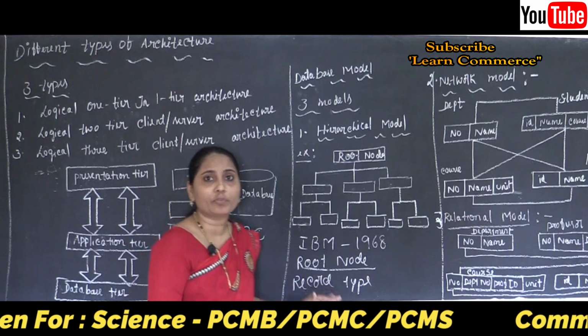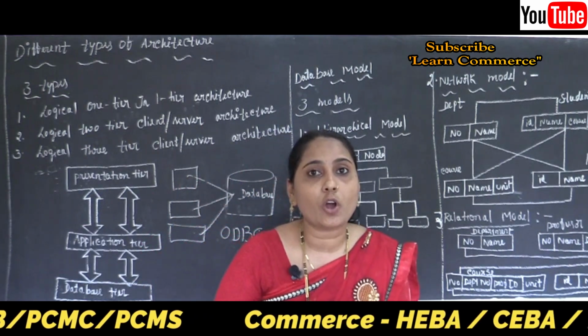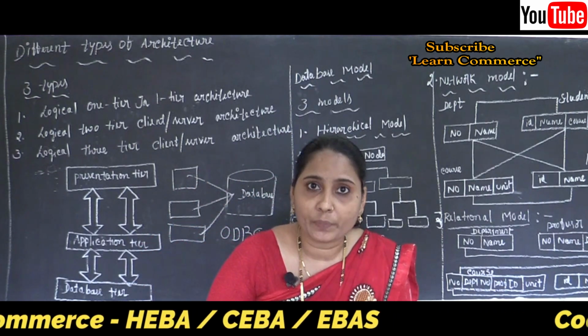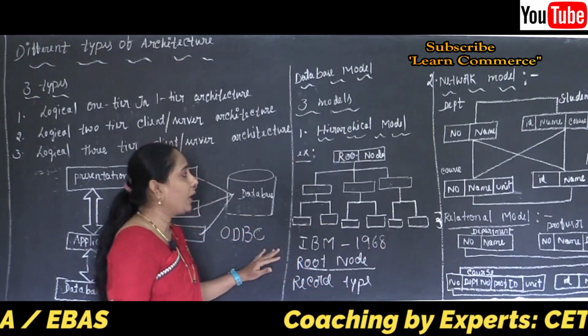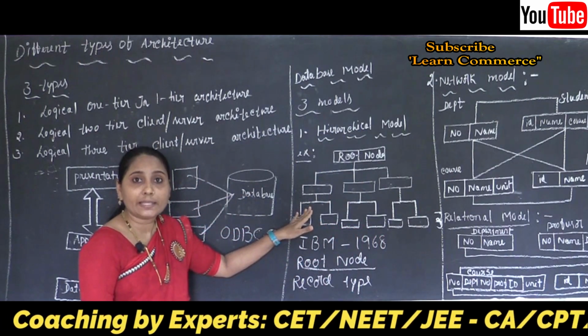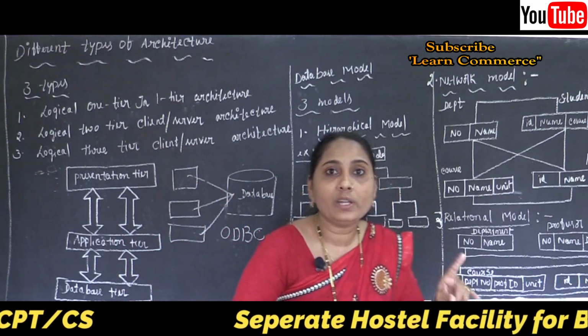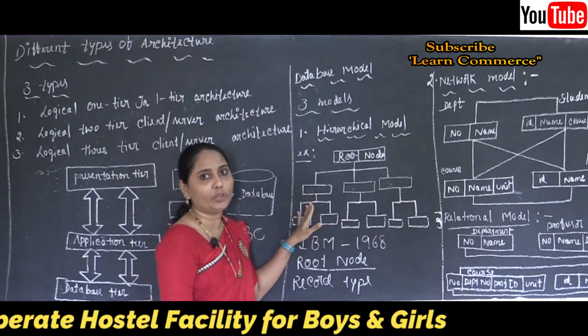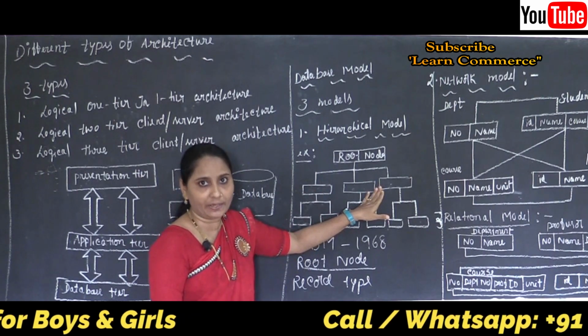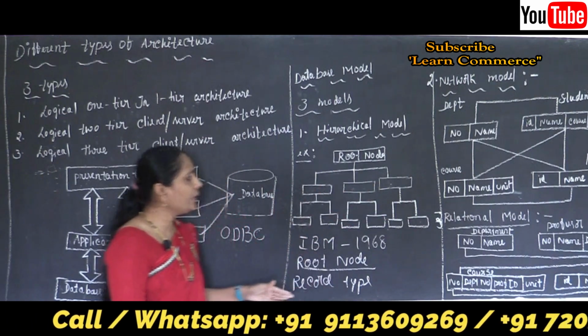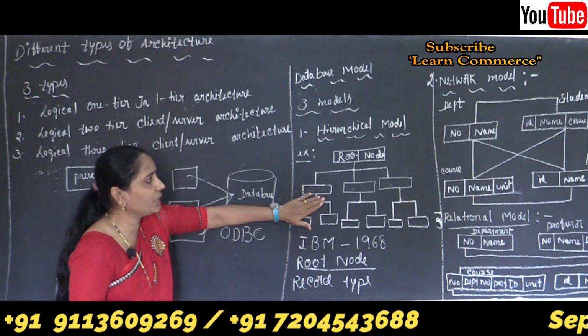So the collection of the same type of record is called the record type. Finally we can say that in this model each entity has only one parent, but the parent node can have several children. And I already explained the diagram.